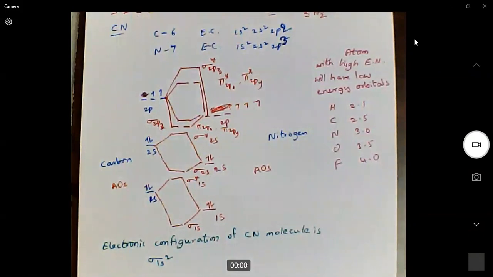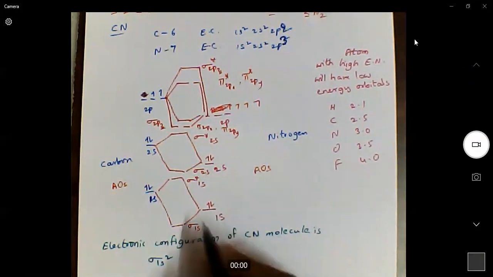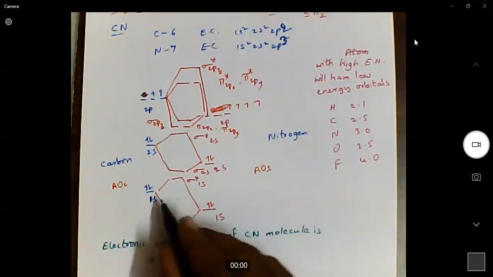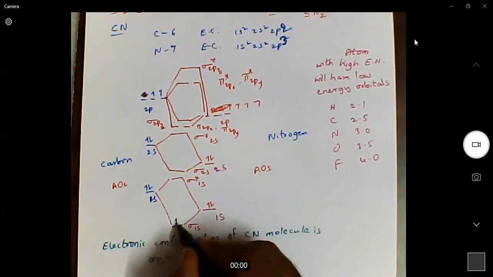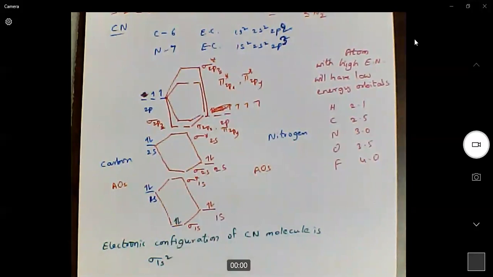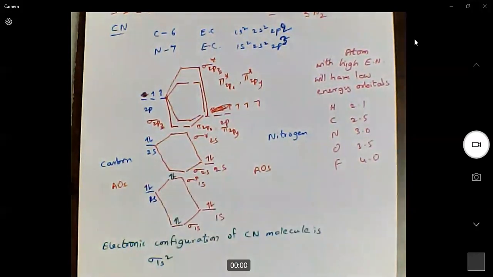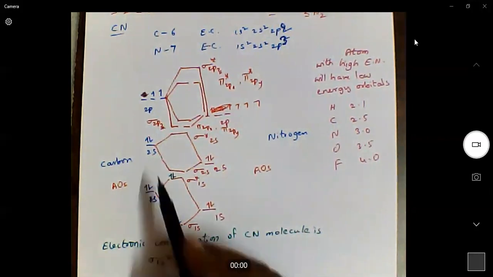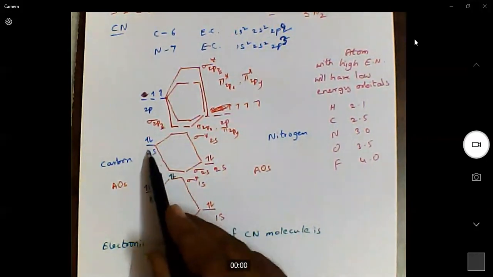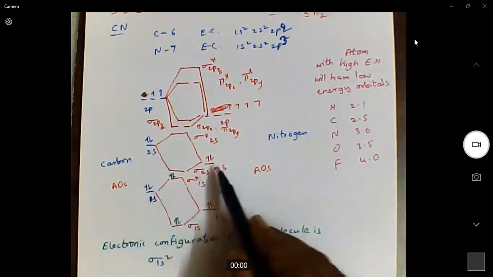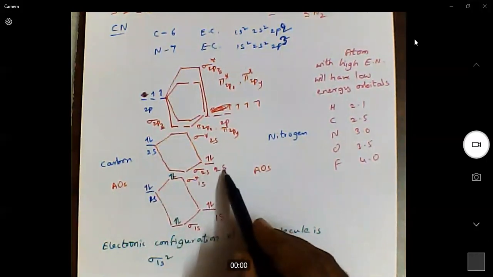Right. Out of the 2 electrons in 1s orbital of carbon and the 2 electrons in 1s orbital of nitrogen, we have total 4 electrons in 1s. So 2 electrons we will place in sigma 1s, 2 electrons in sigma star 1s. Similarly, we have 2 electrons in 2s orbital of carbon, 2 electrons in 2s orbital of nitrogen.